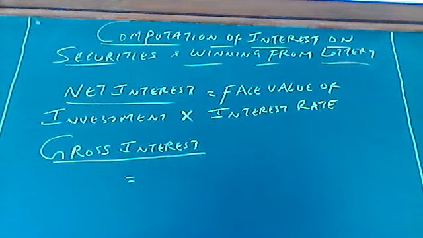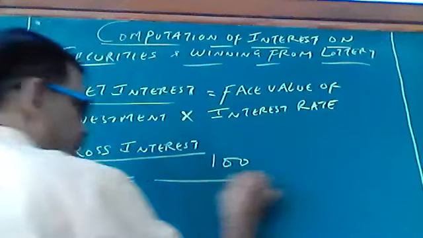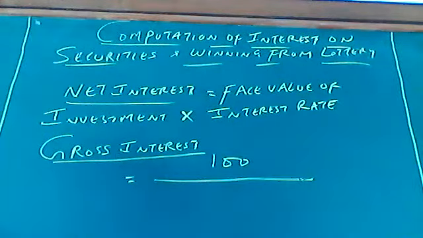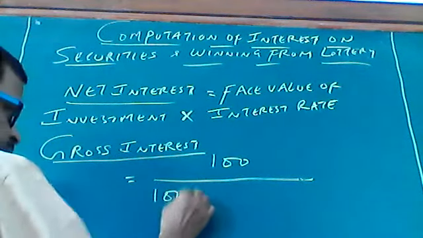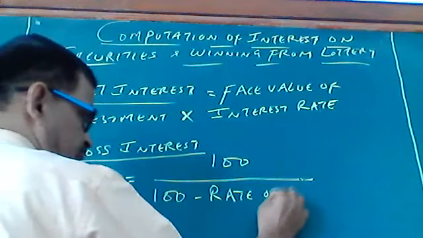So, gross interest is equal to 100 by 100 minus rate of tax.